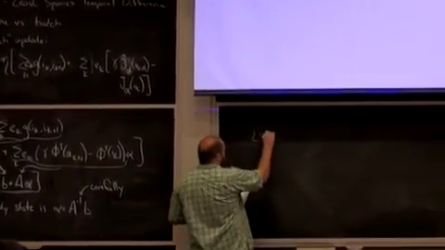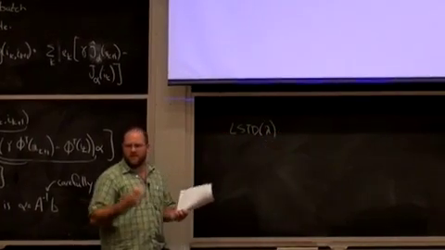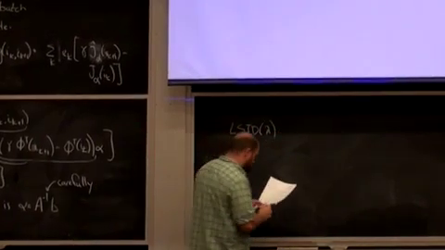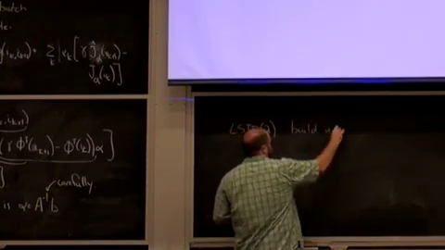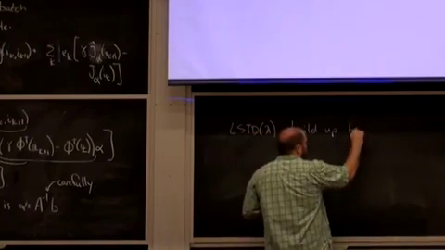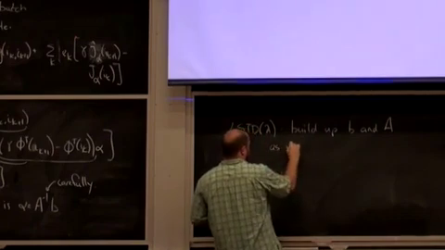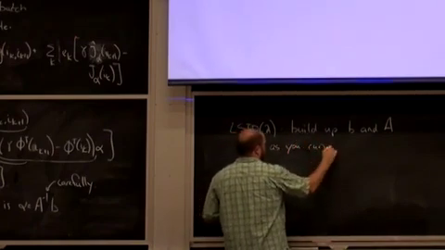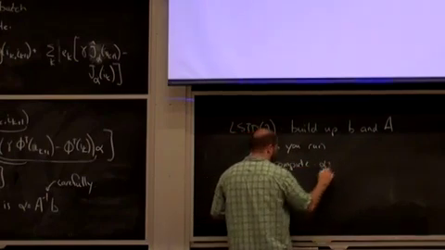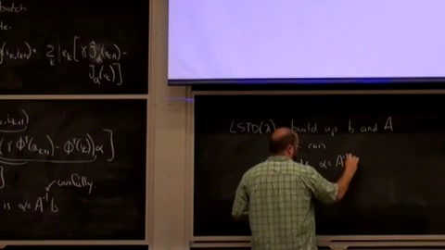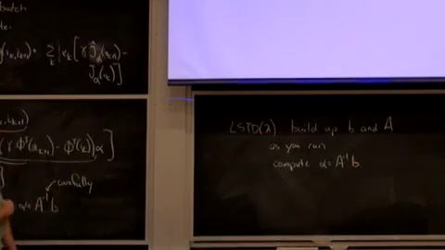So LSTD, which I think a lot of people would consider the state of the art if you just want to do policy evaluation: build up B and A as you run, and compute alpha is A inverse B whenever you need a new estimate of alpha. Okay?